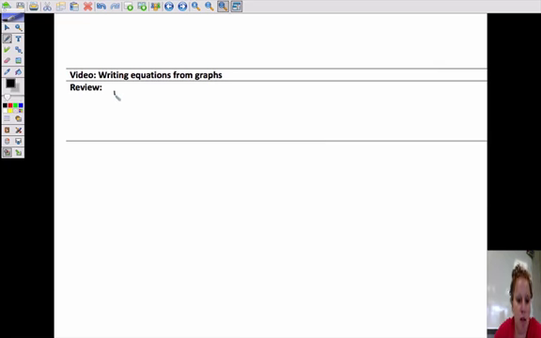We've been using the general form y equals rise over run times x plus or minus b. Right? So today we're basically dealing with the blanks of that. We need to fill in the rise, the run, and the b. So we're going to have 3 blanks.